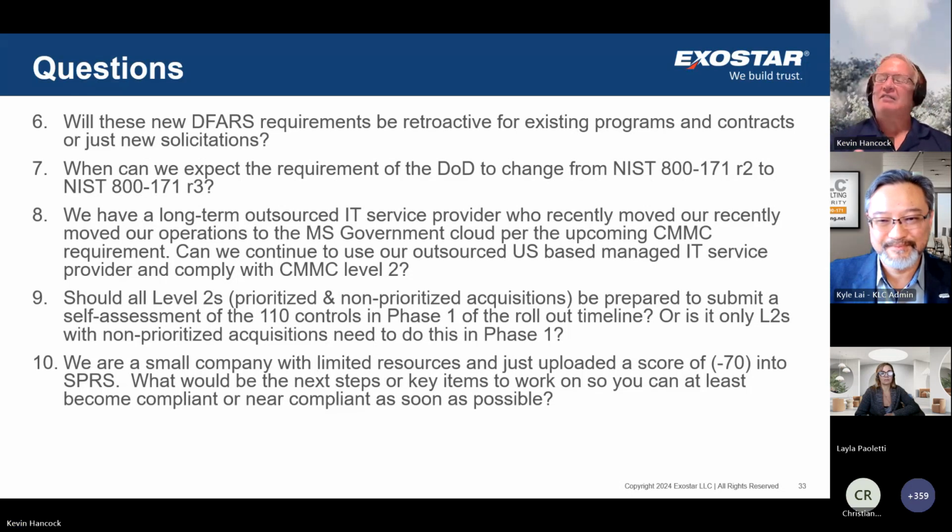As many of you may know, NIST 800-171 was recently revised. It's gone from R2 to R3. So Layla and Kyle, when do we expect the requirement to change, and which of the revisions is going to be required for CMMC? Do we know? At this time, it's very clear that the final rule is only R2.